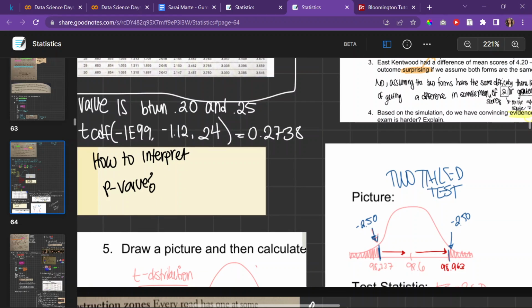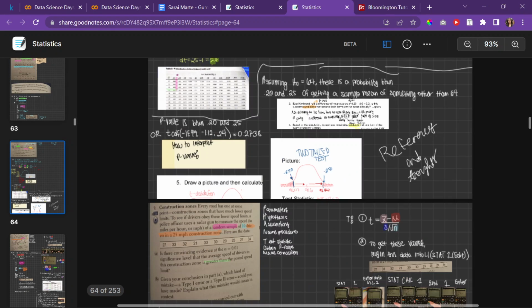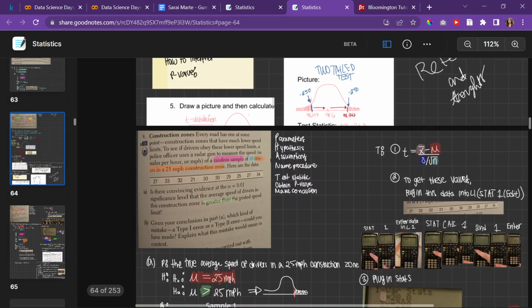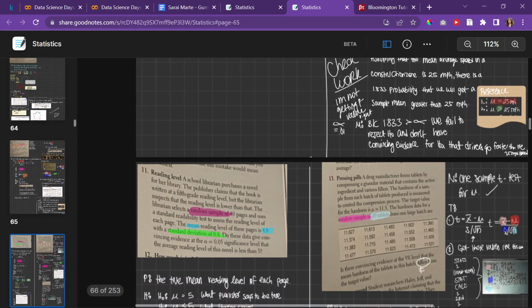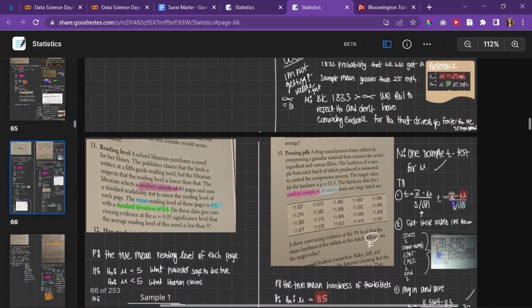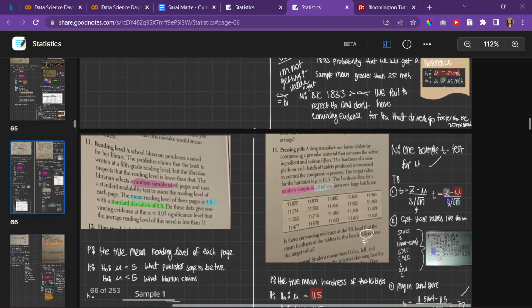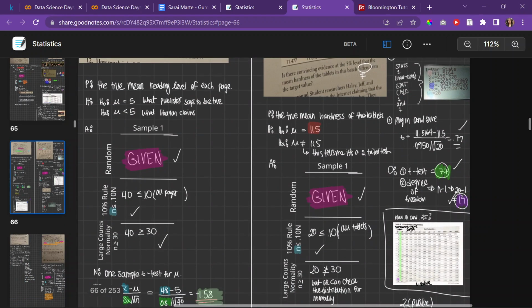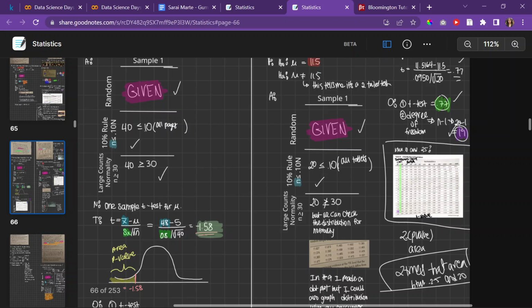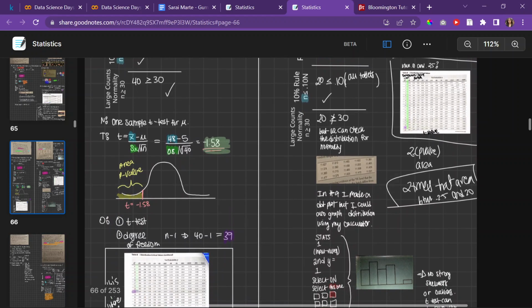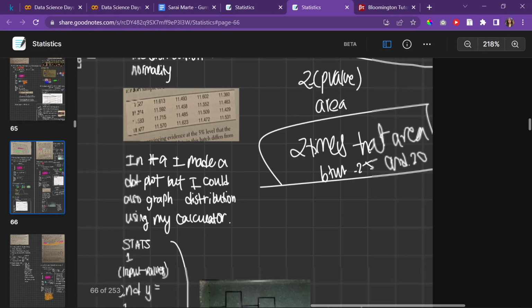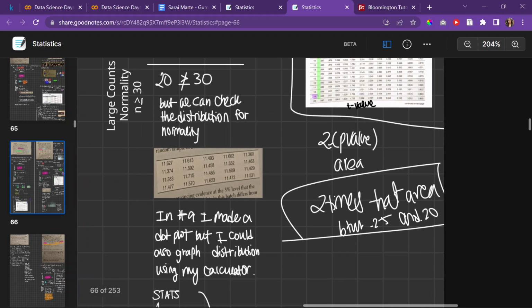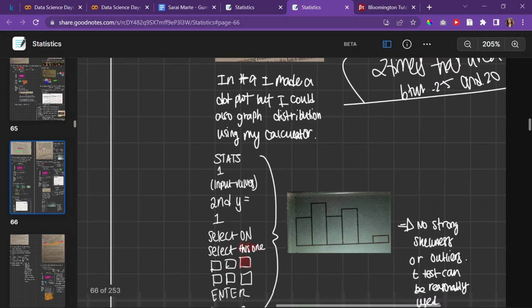Okay, makes sense. If it's negative, then it's negative. If it's positive, it's positive. Let me see something. 2 times the area between that, 2 times the p-value if I use TCDF.